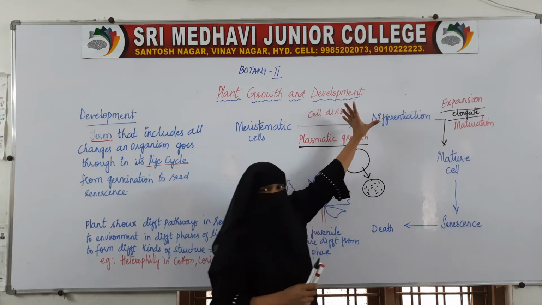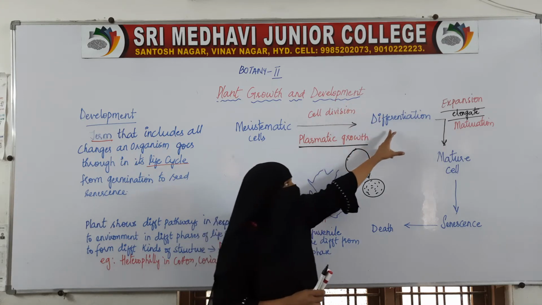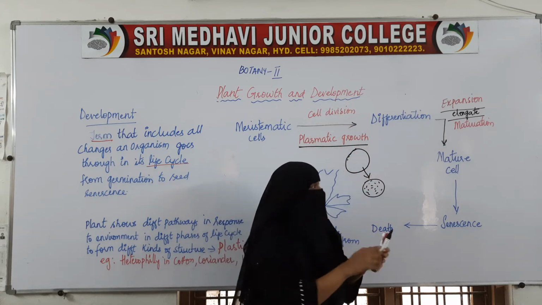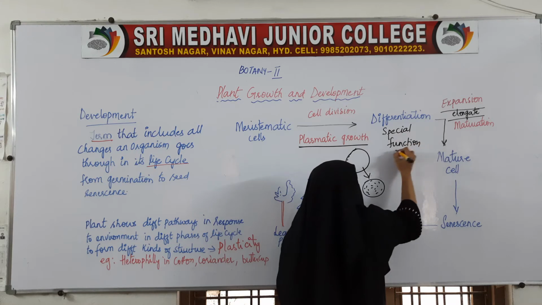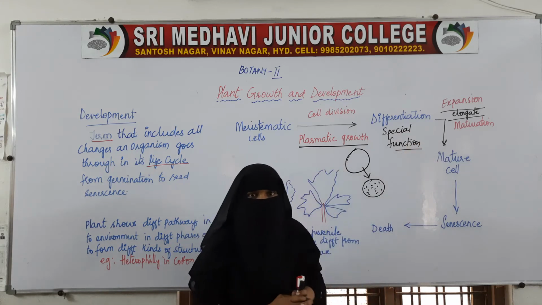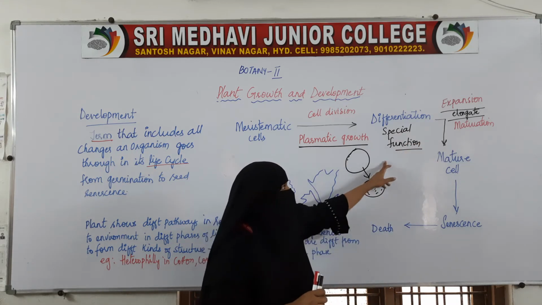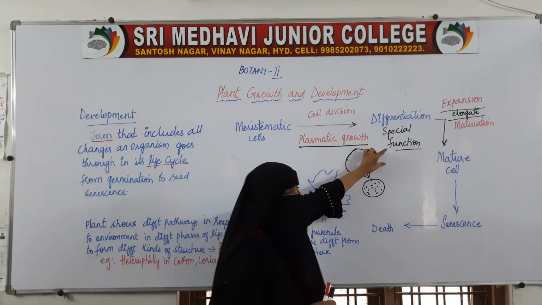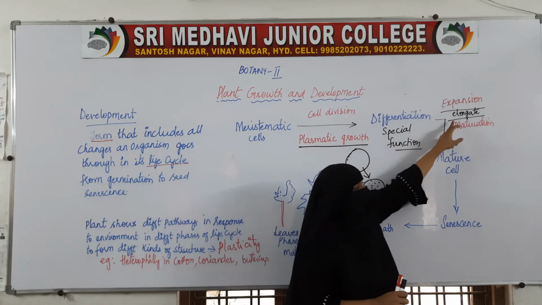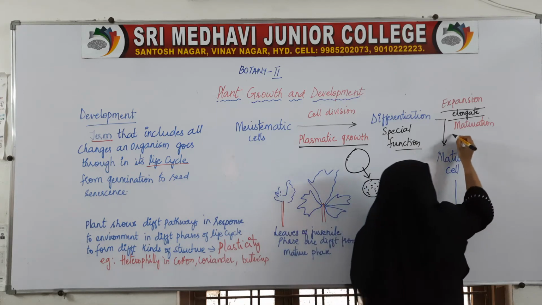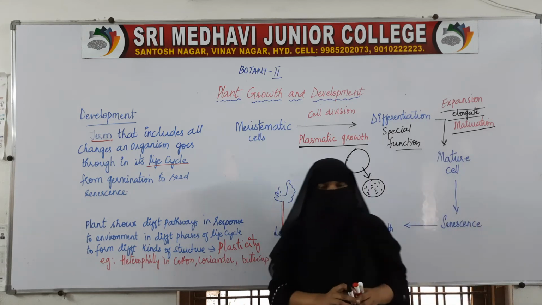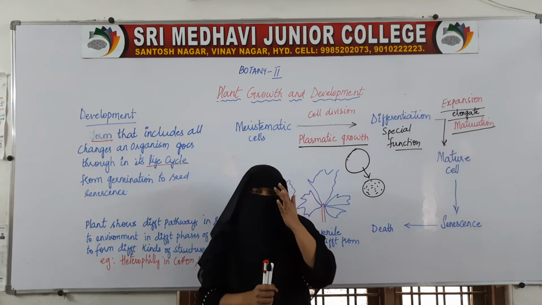Then the newly formed cells will differentiate, that is, they will be given a special function to perform. Then, according to that function, the cells will elongate, and after elongation, the cells will undergo a process of maturation.